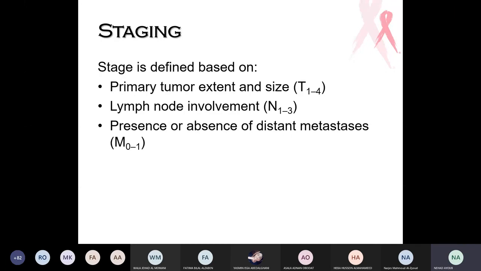What if we did the radiographic investigations and found abnormal lesions in the liver or in the bone, suggestive of metastatic disease? In this case, M will take the value of 1. So the presence of a lesion, even a single metastatic lesion, in any of the organs involved in metastatic disease means we have metastasis.